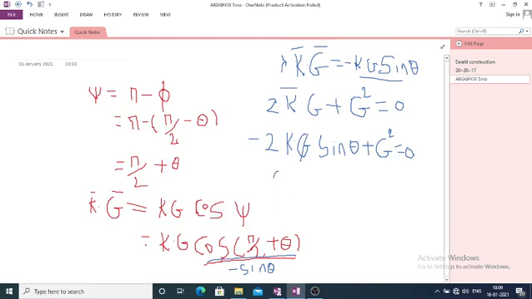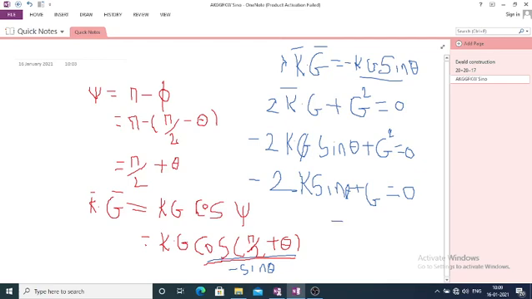The remaining term is twice k sin theta plus g is equal to 0.